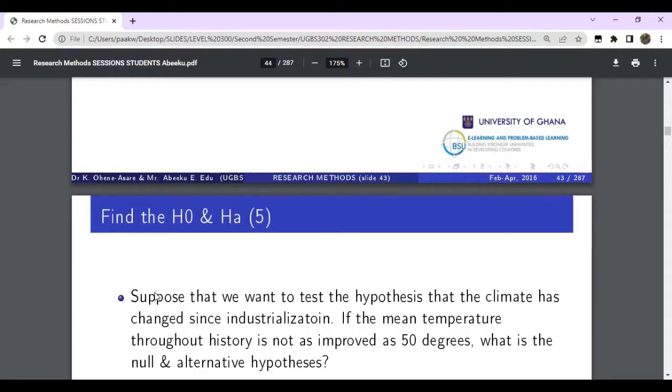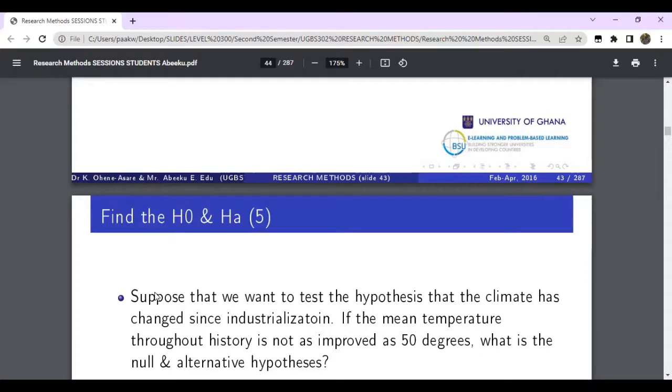If someone wants you to improve, it means the person wants you to move forward, right? But this one, they are saying it's not as improved as 50 degrees. So it's almost the same thing or below that.